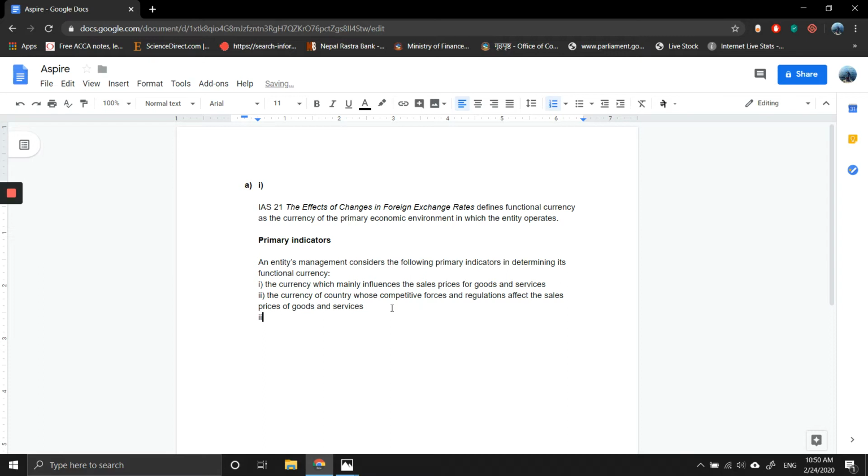And the third is the cost: the currency which mainly influences material, labor, and other costs of providing goods and services.